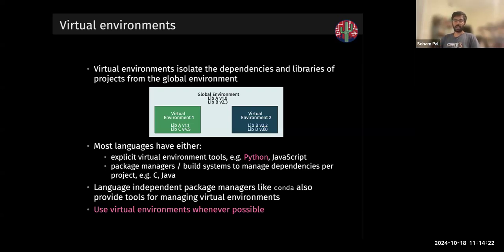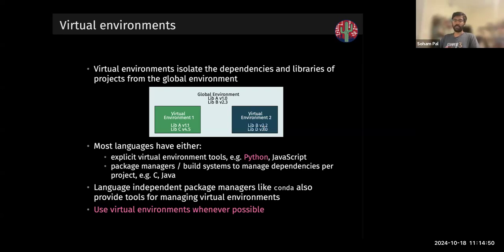Now, most languages that we encounter usually have some tools to create virtual environments, like Python, or they have some build systems that take care of those dependencies, like C or Java.